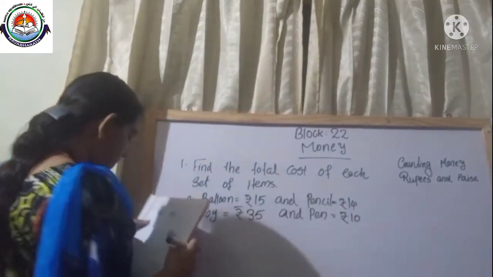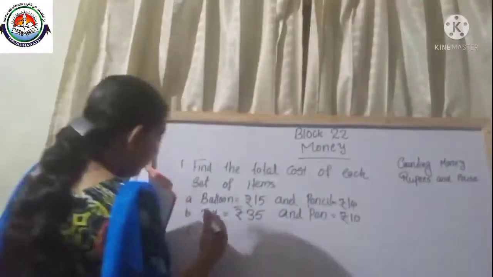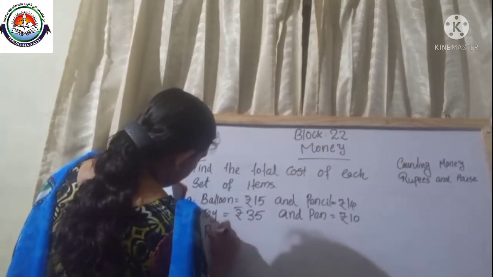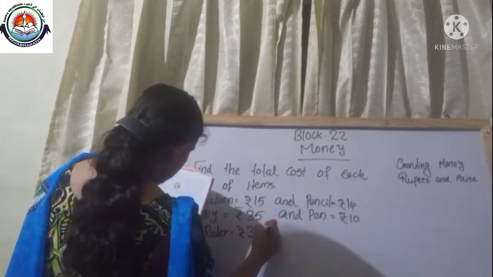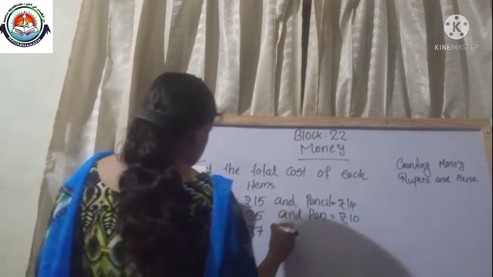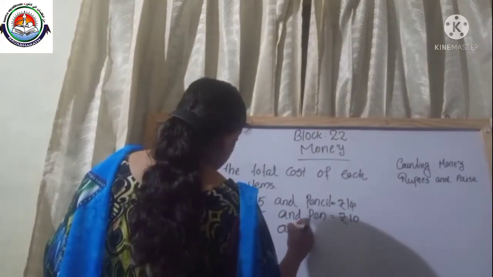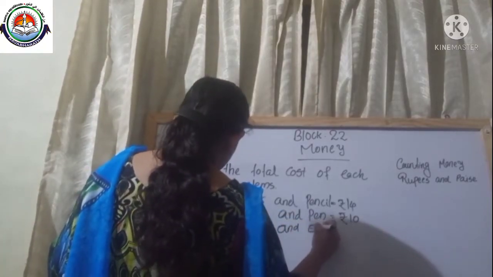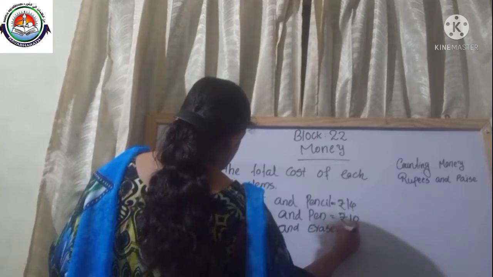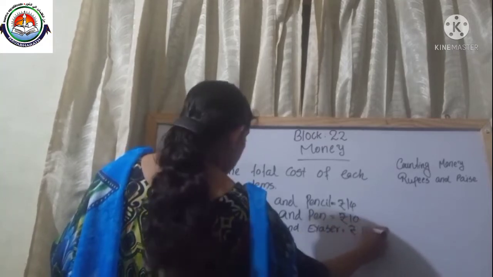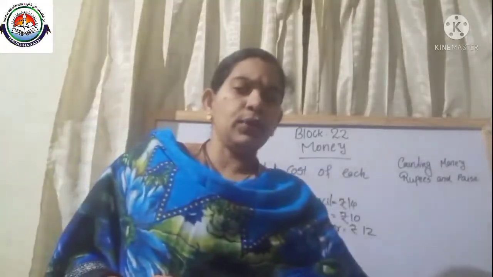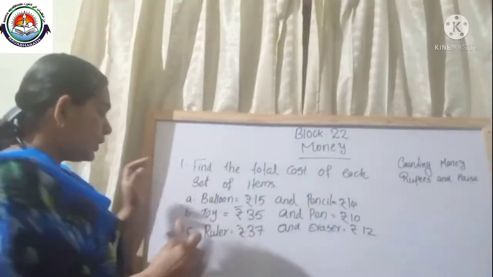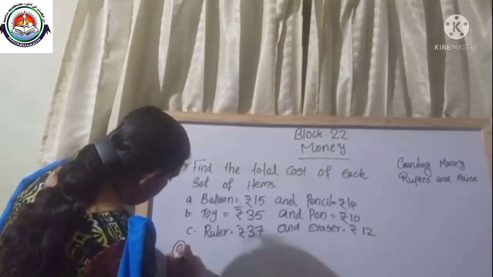Then question C: a ruler with rupees 37 and an eraser with rupees 12. So you want to find the total amount. Are you ready to do it? Okay, here the first question, question A.